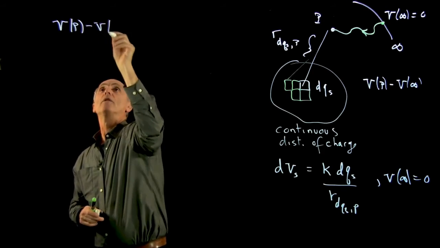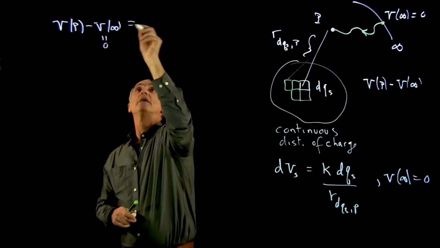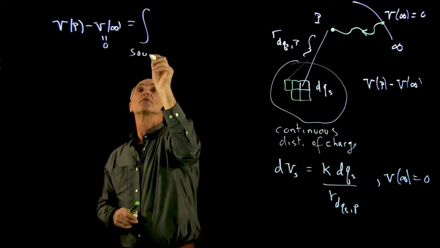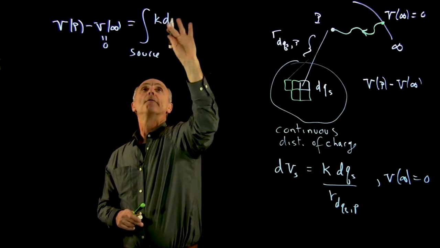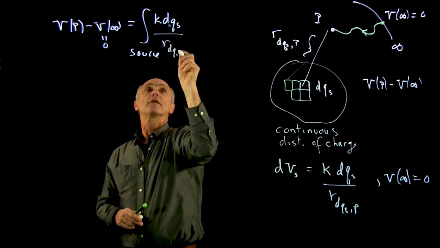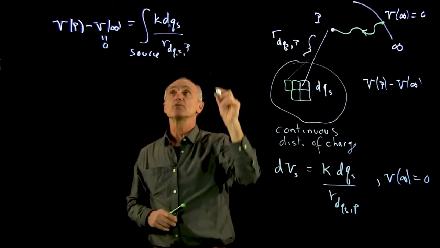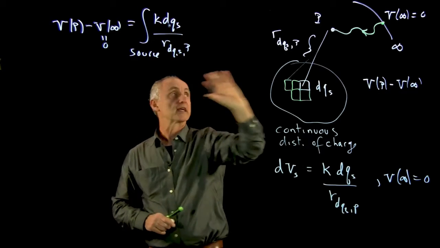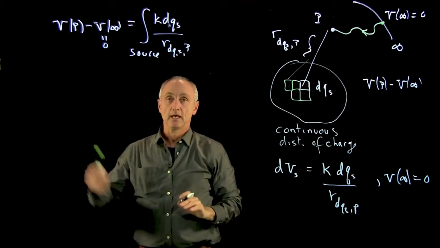Now, again, all of this is implicit with infinity of the integral over the source of k dq source divided by the distance that that source element is from the field point. And this is a result that we can use to calculate the potential difference between infinity and P.